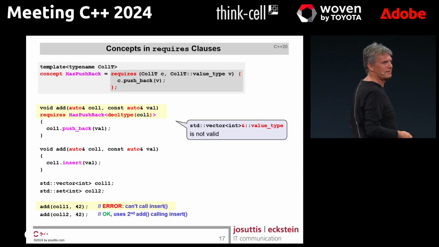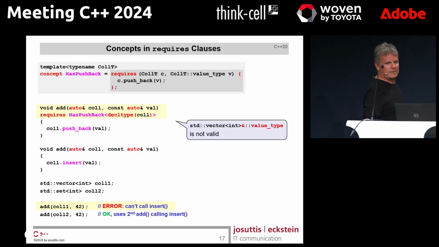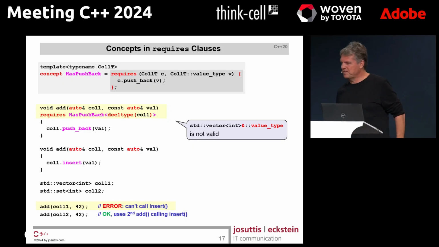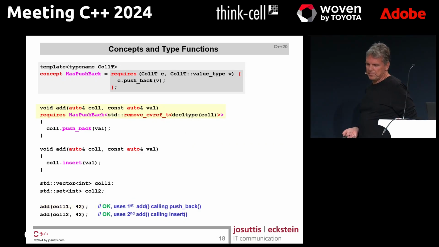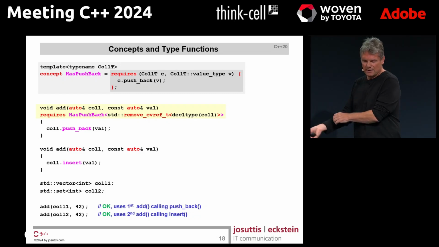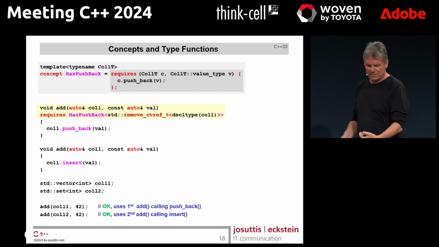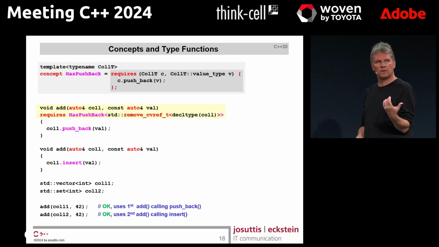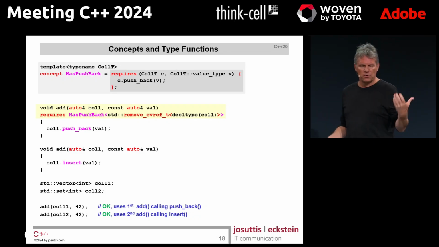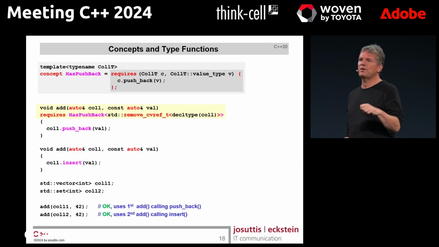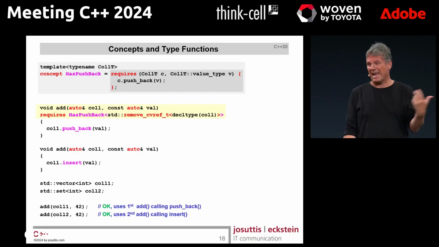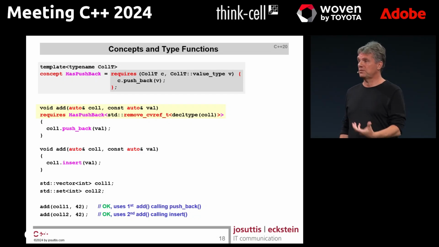Got it? Good. How do we fix that? Well, one way to fix that is to say, if we take the decltype of the collection, let's remove referenceness. In general, you often pass const references, so you might also remove constness and referenceness to get the pure type.